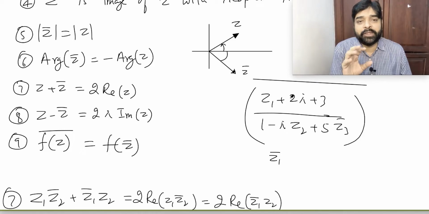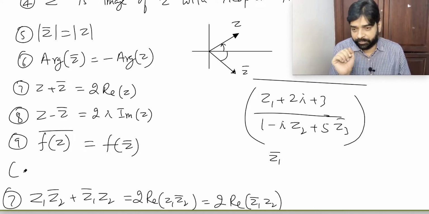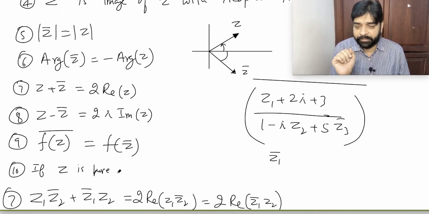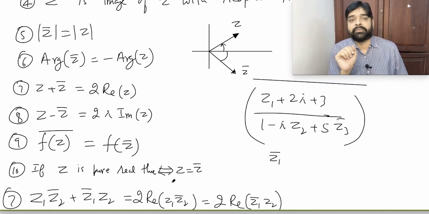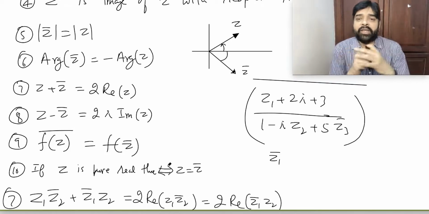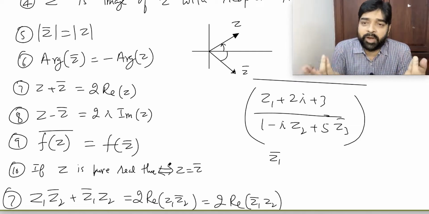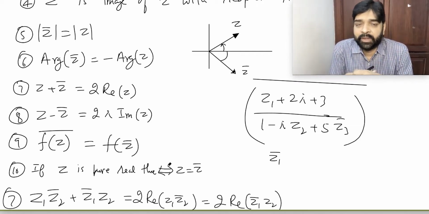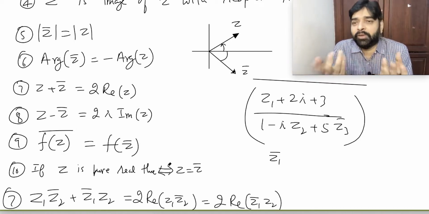If z is pure real, then z equal to z bar. If you take the bar on any pure real number, it will not be affected. Why so? There is no i term, so why would it be affected?